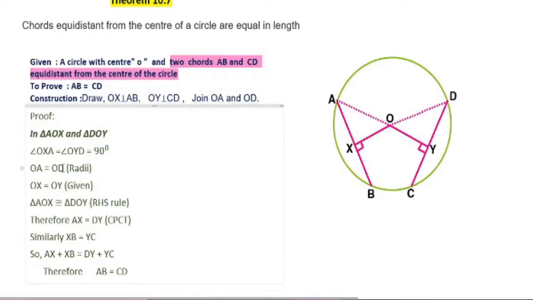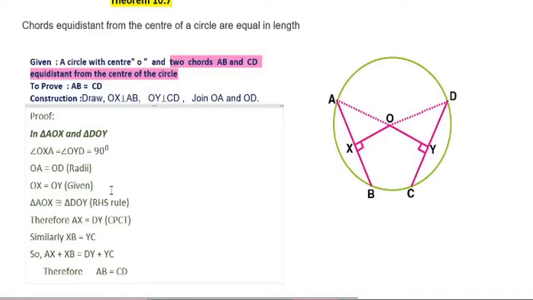Now OA equal to OD, they are radii of the circle, so they are equal. And OX equal to OY. OX is the perpendicular distance of AB from the center, and OY is the perpendicular distance of CD from the center. They are equal. It is given in the statement.